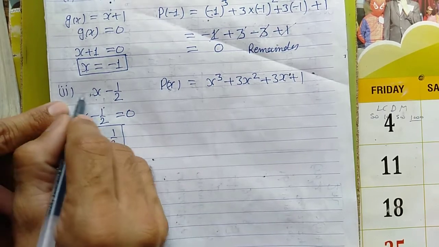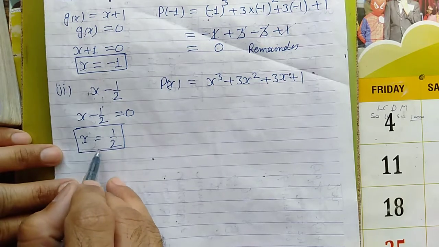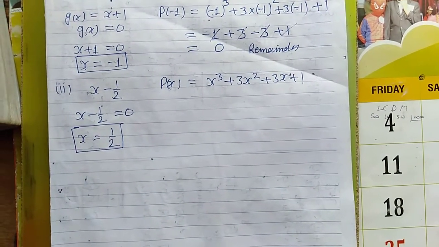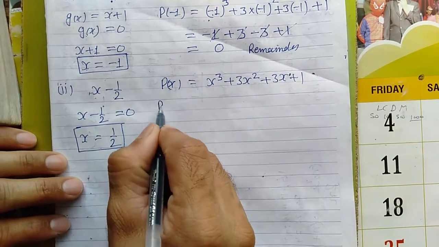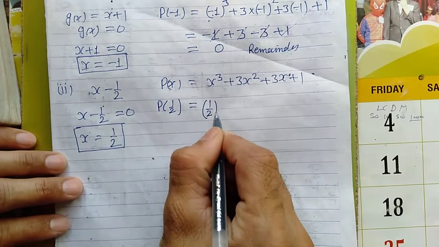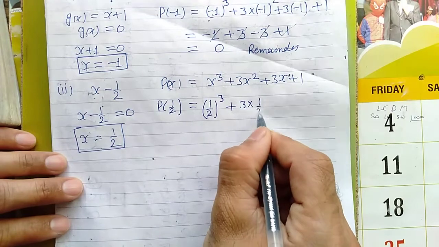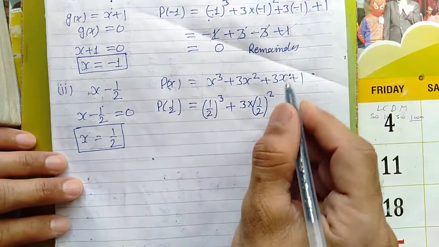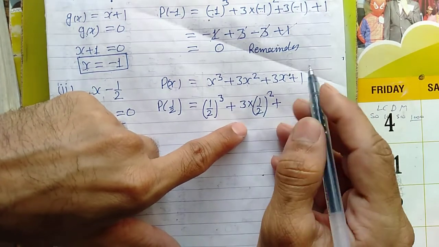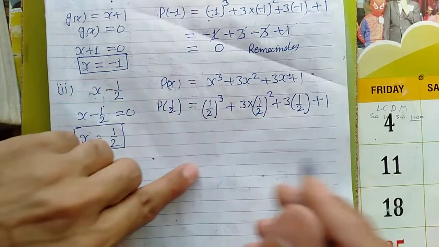This is g(x) and we have taken g(x) equal to 0. So this value we will replace here at the place of x, replaced by 1 upon 2. So p(1 upon 2) is equal to 1 upon 2 cube plus 3 multiplied by 1 upon 2 square plus, see it carefully, I am just replacing this value, 3 multiplied by 1 upon 2 and plus 1.